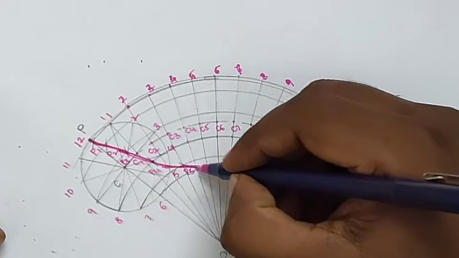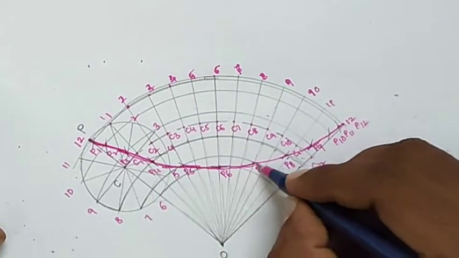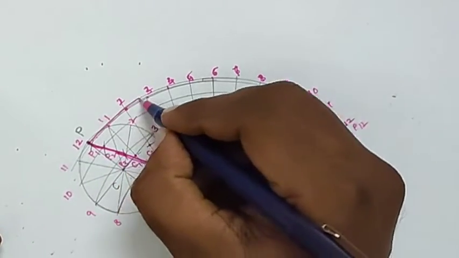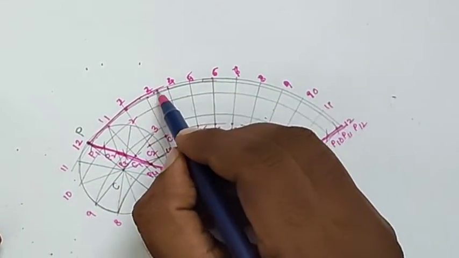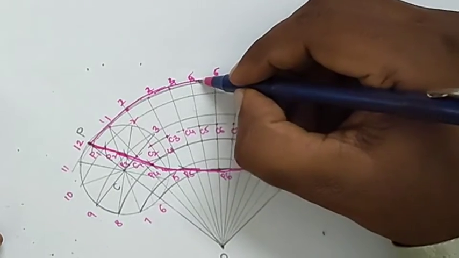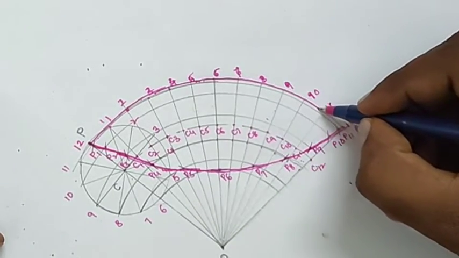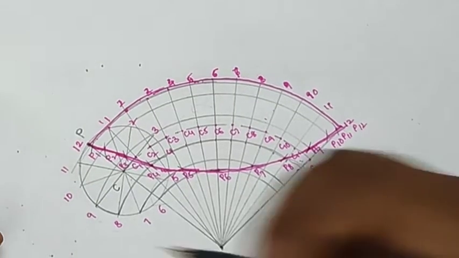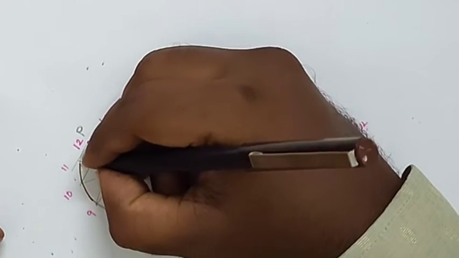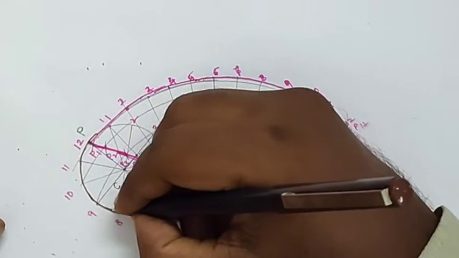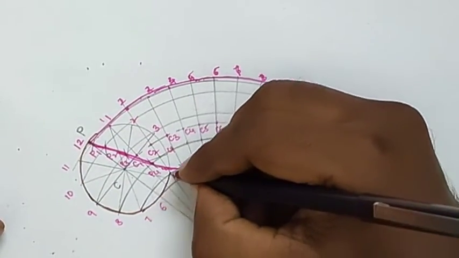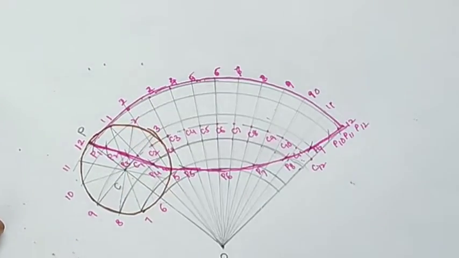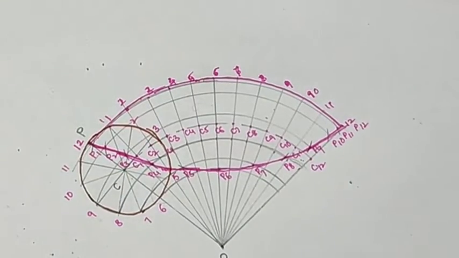So this curve we can call an hypocycloidal curve. And here the directing circle is also a thick line. You can represent it like that. And also here the rolling circle is also a thick line. Like that we will construct the hypocycloid.